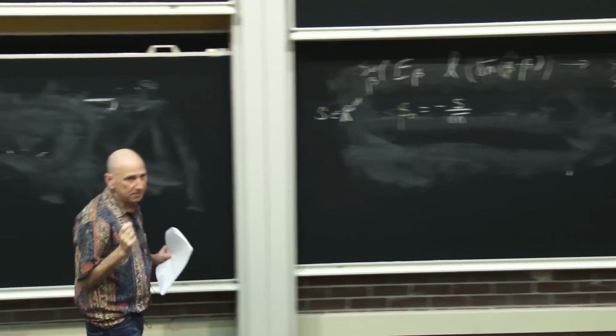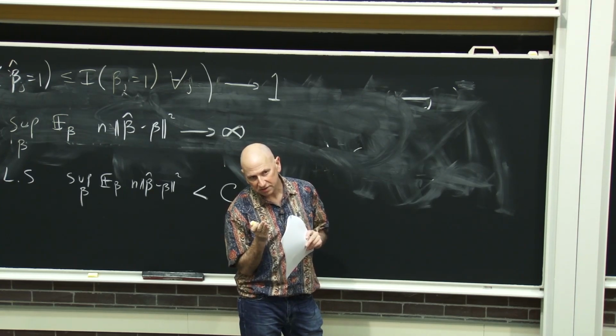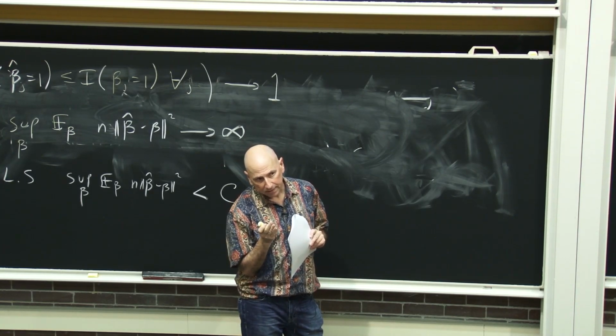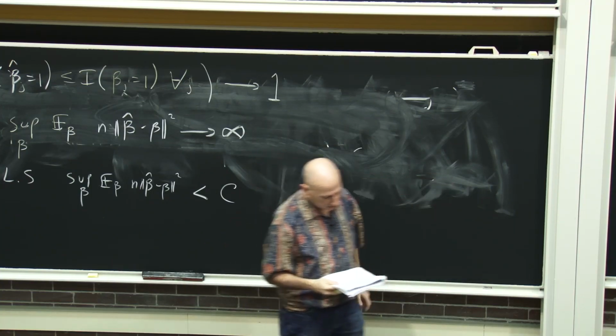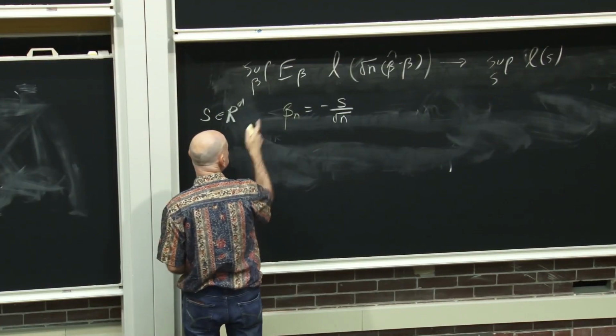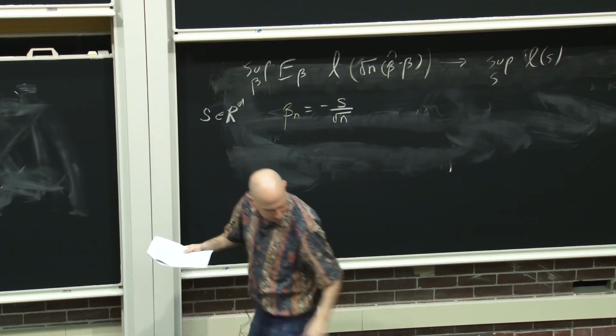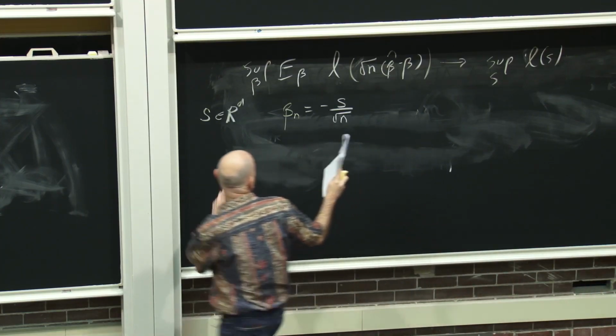So this, again, for those of you who remember the Hodges phenomenon, is when you get close to 0 that the risk starts to screw up. And I'm explicitly constructing such a sequence. I want to try to get it on one board because it's very simple. So that's the setup. Let's just prove it over here.